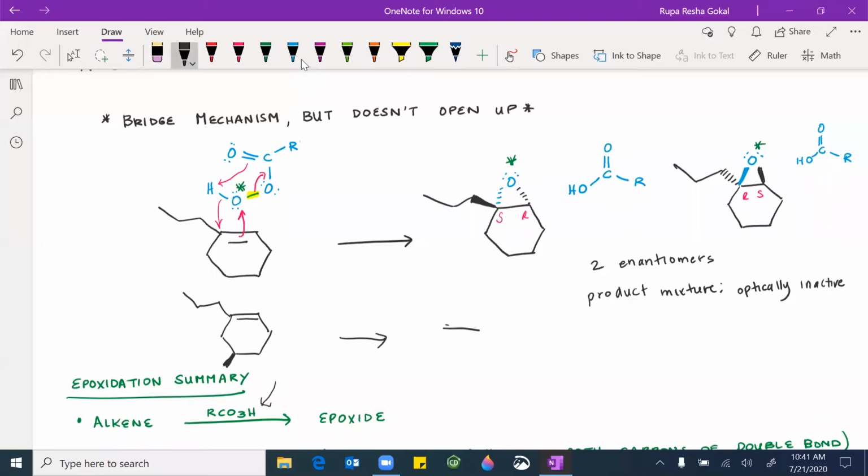I introduce my oxygen, okay, and that pushes this propyl up and out at me. Or, sorry, let me finish this product, right? And I have this chiral center that's completely unaffected by the reaction.